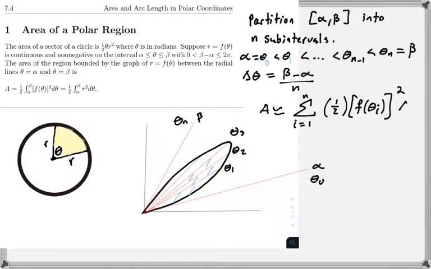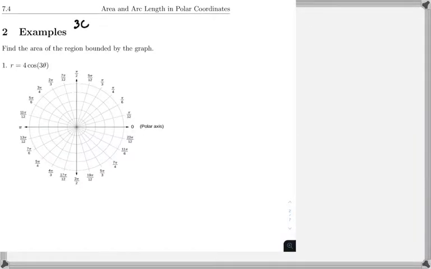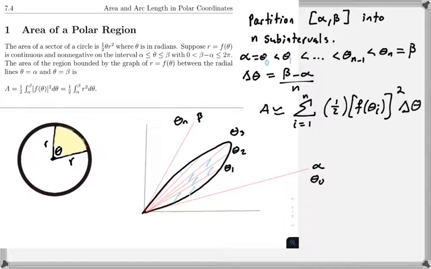Square it, and then delta theta. And then if we let the norm of our partition go to 0, then we'll end up with the integral. So the area is equal to 1/2 the integral from alpha to beta of f of theta squared d theta, or we can write that as 1/2 the integral from alpha to beta of r squared d theta.